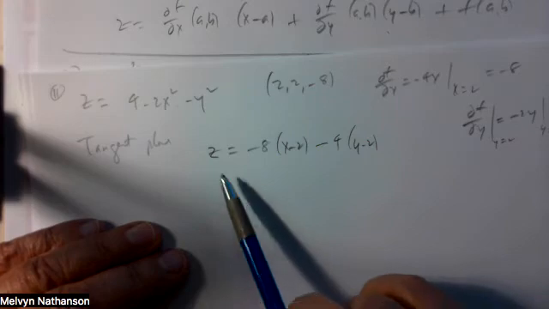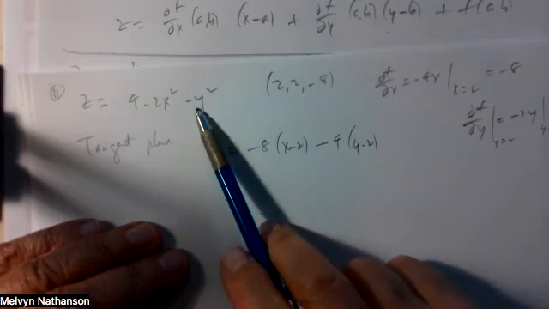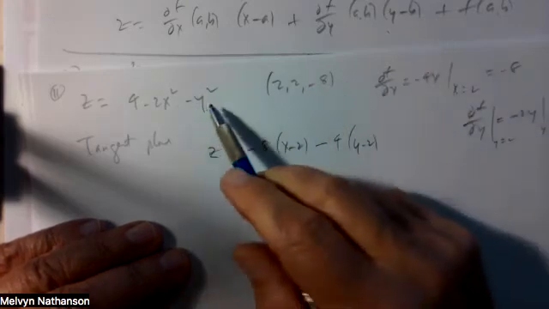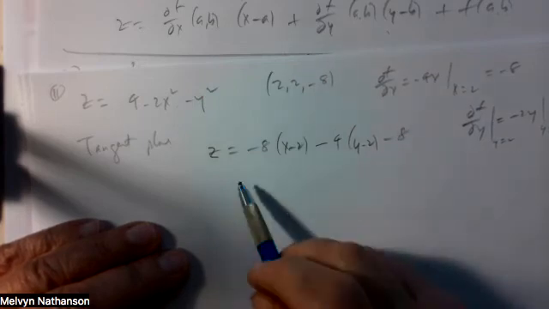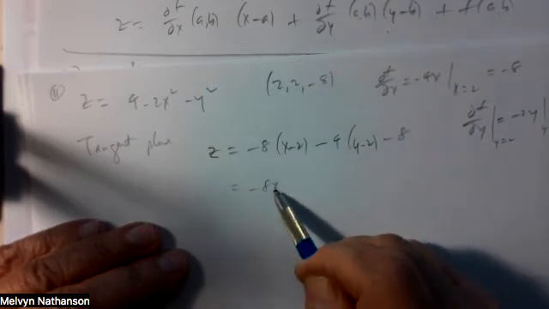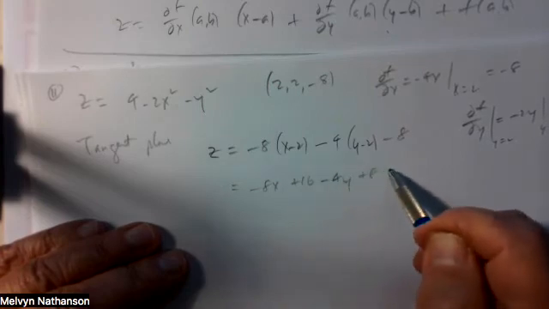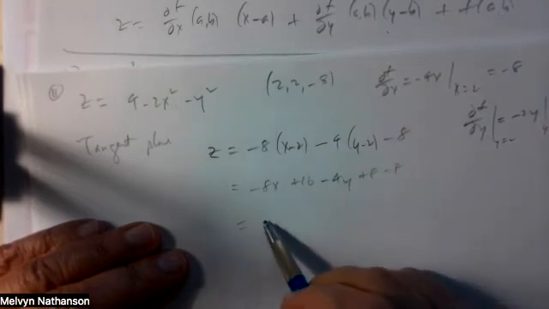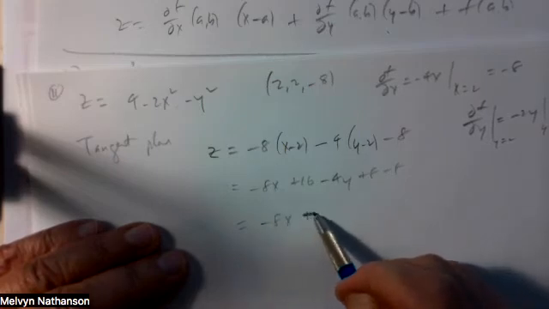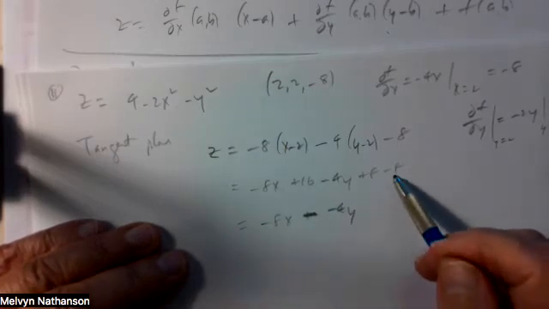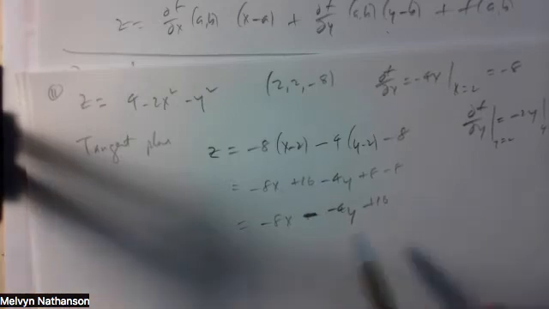And when x is 2 and y is 2, we already saw this is minus 8. So z is equal to minus 8x plus 16 minus 4y plus 8 minus 8. So this is minus 8x minus 4y plus 16.